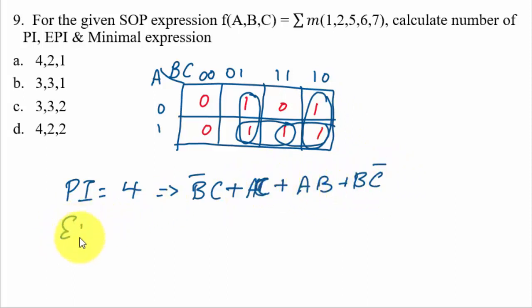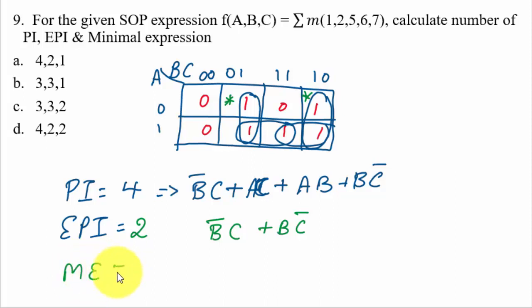If I want to find essential prime implicants, that group which is covered only once is an essential prime implicant. So how many essential prime implicants are there? There are 2 essential prime implicants, that is B bar C plus B C bar. Now if I am talking about the minimal expression, this is one compulsory grouping I have to make, that is B bar C, and this is another grouping I have to compulsorily make, that is B C bar, plus either this grouping or this grouping.